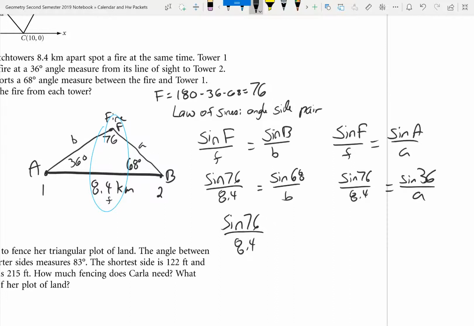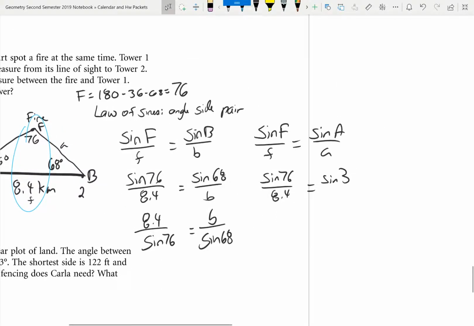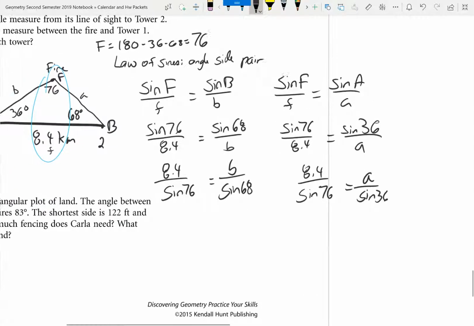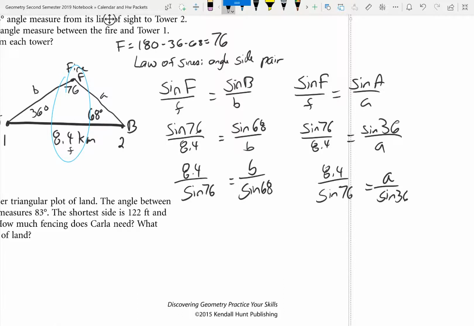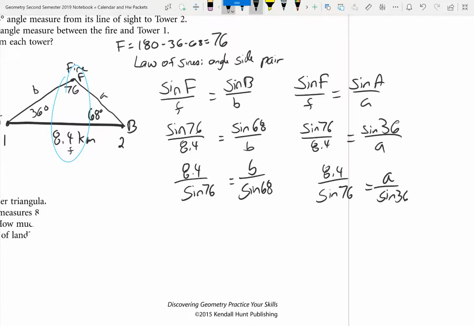Be careful to erase in here because we want to show that whole thing. Okay, that's good.